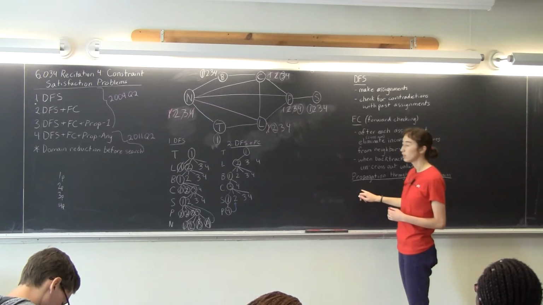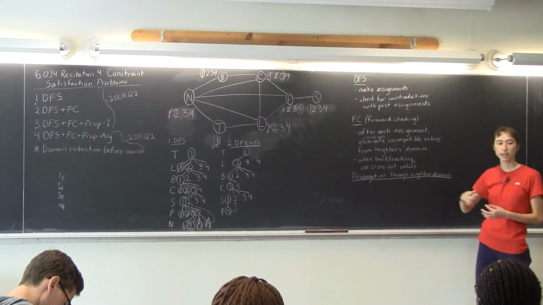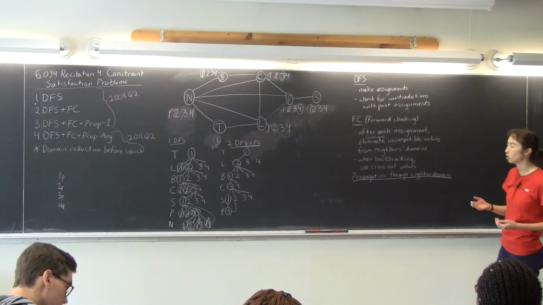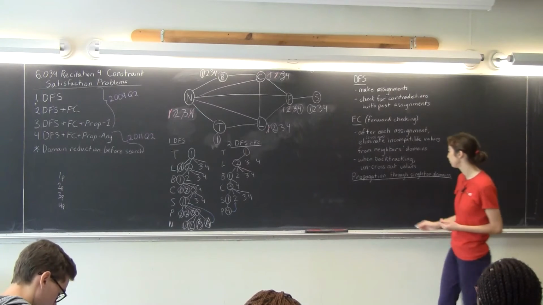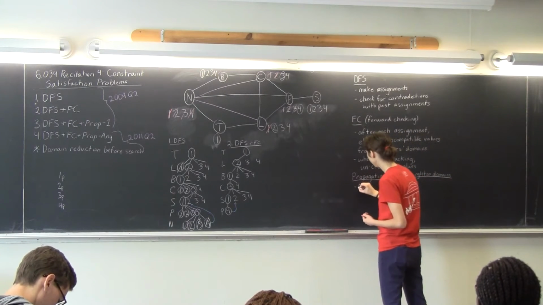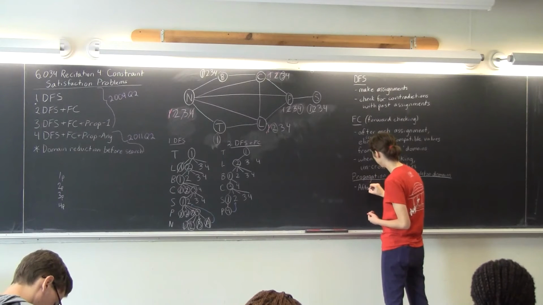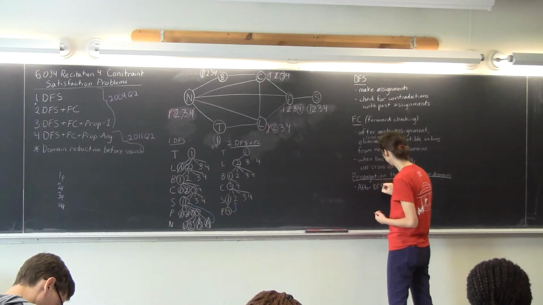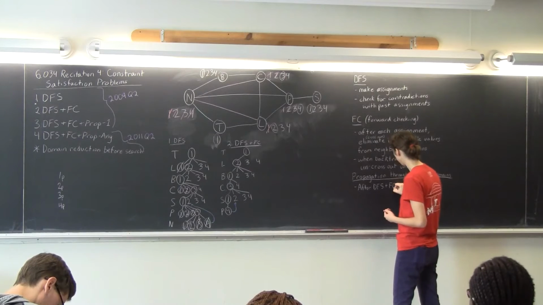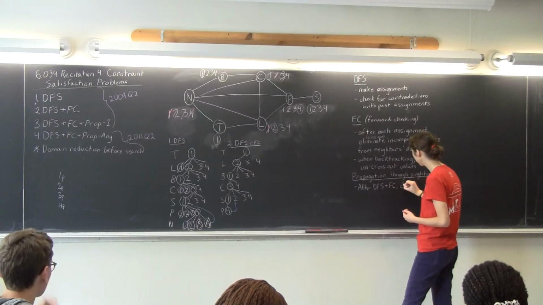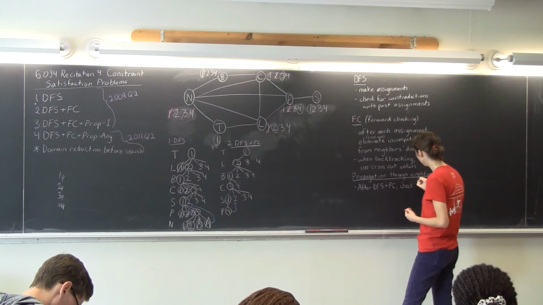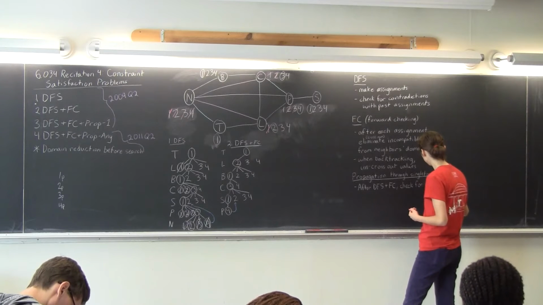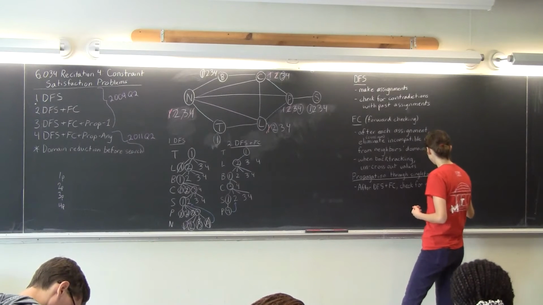But now what's going to happen is after we do those, we're going to check and see if we've reduced any domains to a size of 1. So after depth first search and forward checking, check for newly created singleton domains.